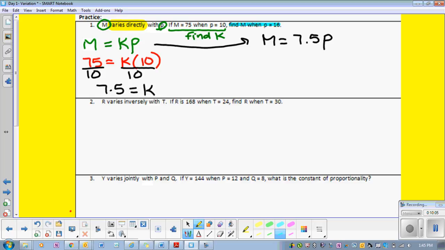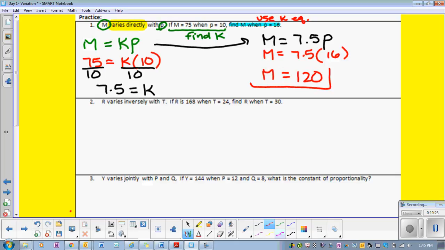You're using your K equation to find that one. So to find M, you have 7.5, and you plug in 16. What is your M? 120. Good. Pretty good.